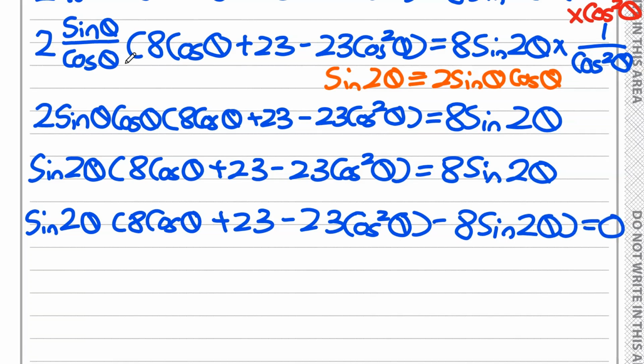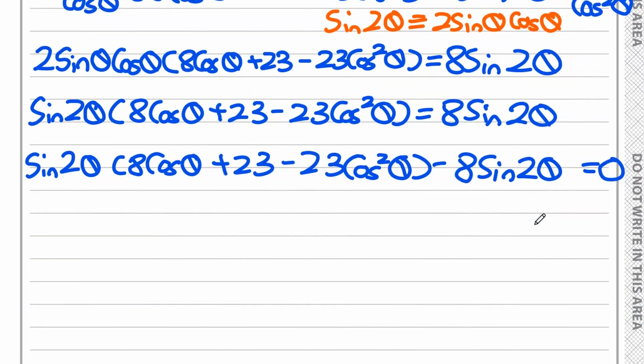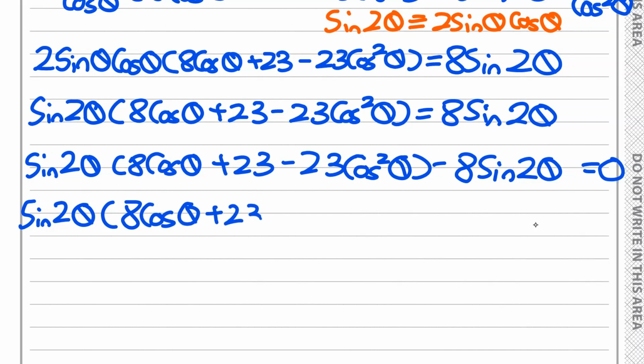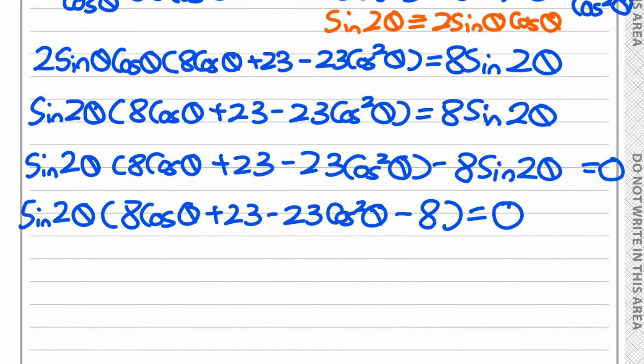And then we can factorize out sin 2 theta from both of these terms here, so it becomes sin 2 theta, and then here we're going to be left with the 8 cos theta plus 23 minus 23 cos squared theta. If we sub out sin 2 theta from this term here, and then it's minus 8 sin 2 theta, so this is just going to be minus 8 like this here, and this is equal to 0.